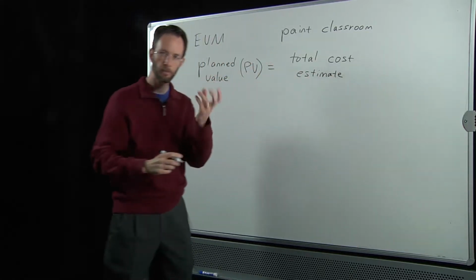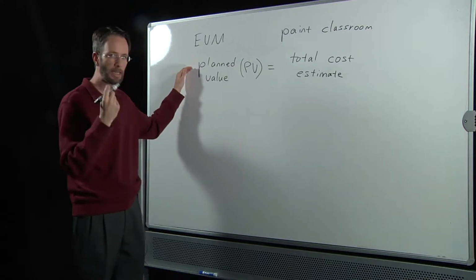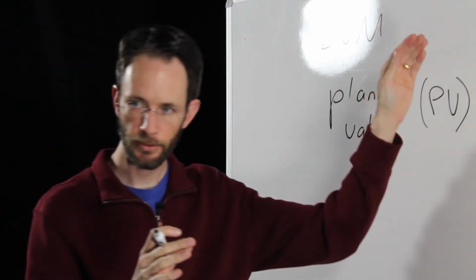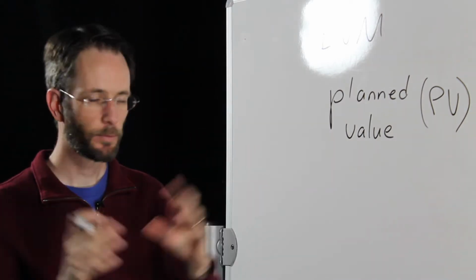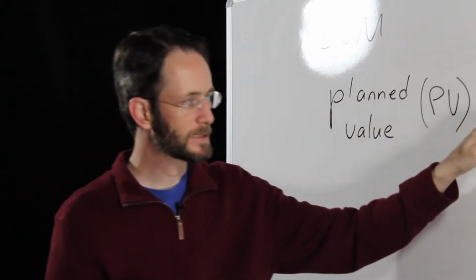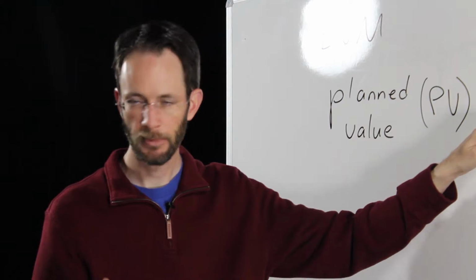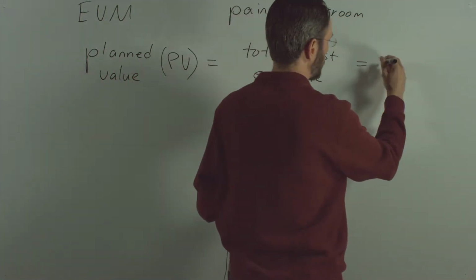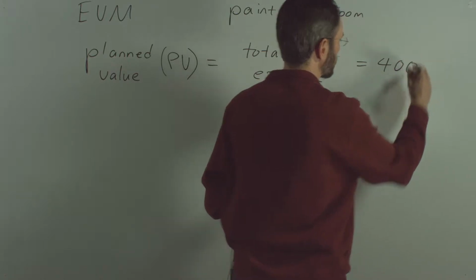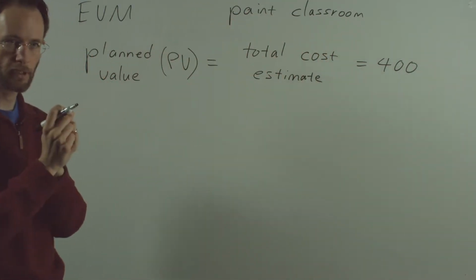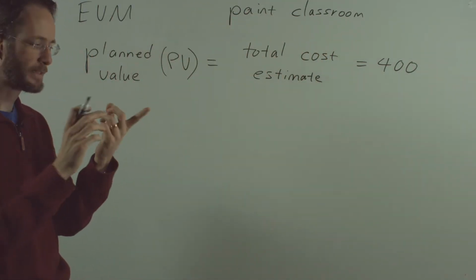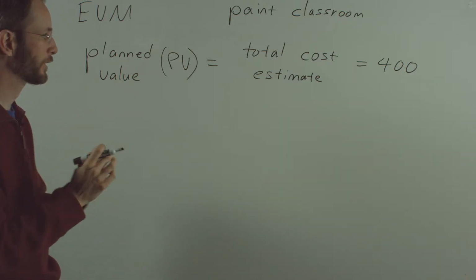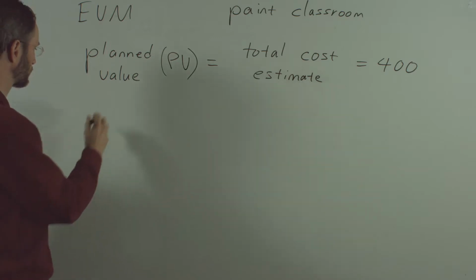Just as the name suggests, it comes from the planning stage of our project. So when we plan to paint this classroom, or whatever our renovation project is, we came up with an estimate of how much it would cost to do that. To put a dollar figure on it, we plan to spend $400 to paint this classroom. That's the total cost: materials, labor, everything. $400.